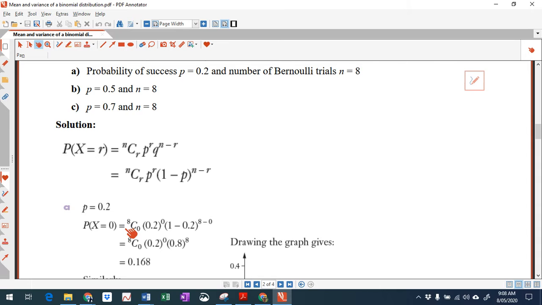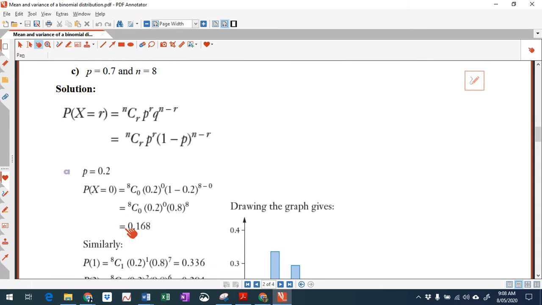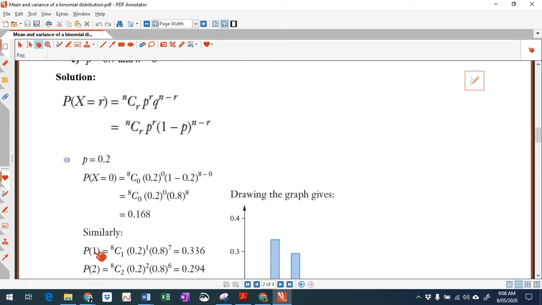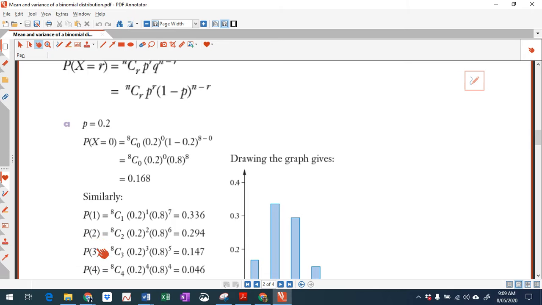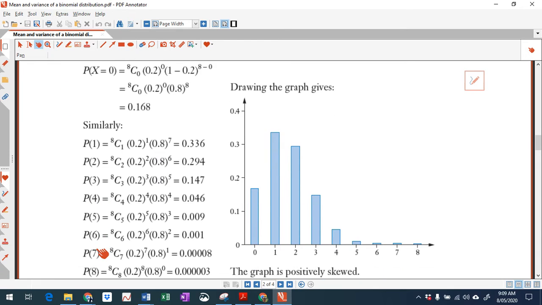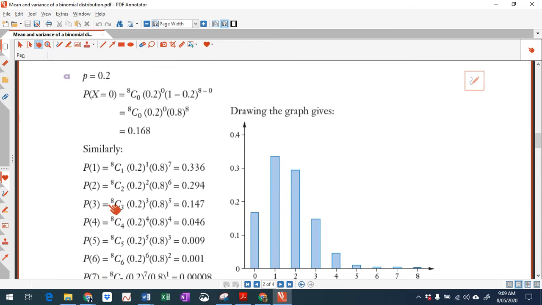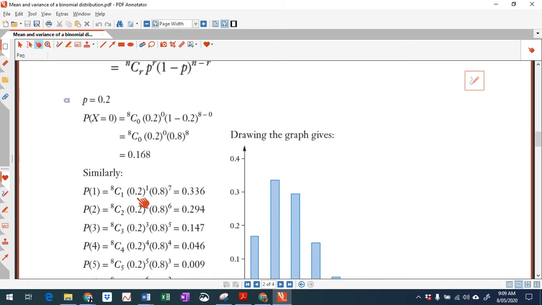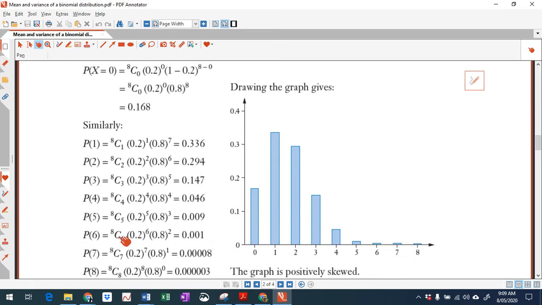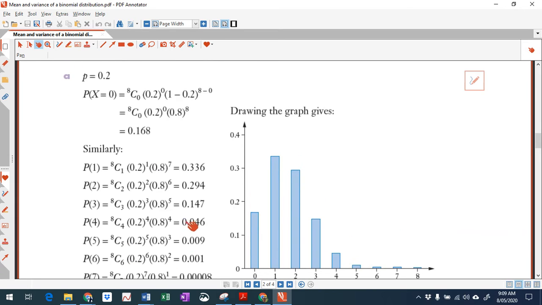Now, we need to keep going with that. X equals 0, the next one is X equals 1, then X equals 2, all the way up to X equals 8. If we calculate the probability for each outcome, starting from X equals 0 all the way up to X equals 8, here are our values.